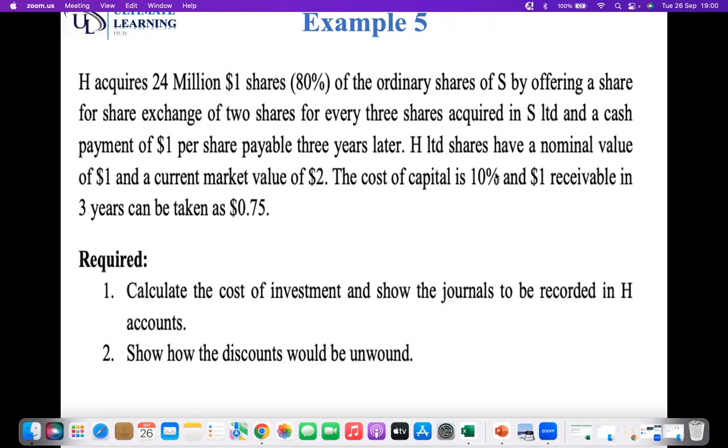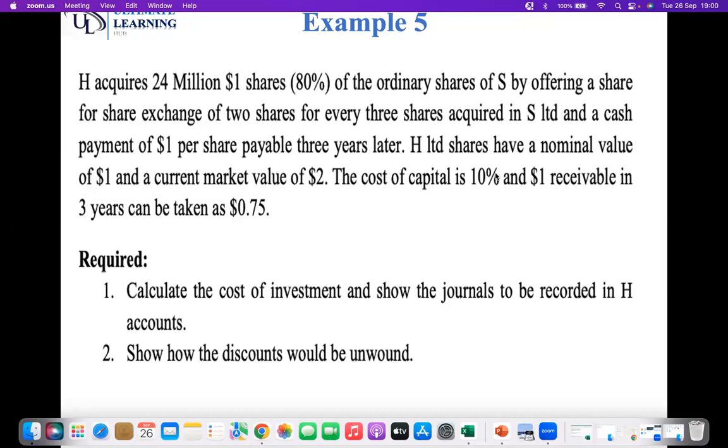H Limited shares have a nominal value of $1 and a current market value of $2. The cost of capital is 10%, and $1 receivable in 3 years' time can be 0.75. So the discounting has already been done for you, and it has given you a rate of 0.75.